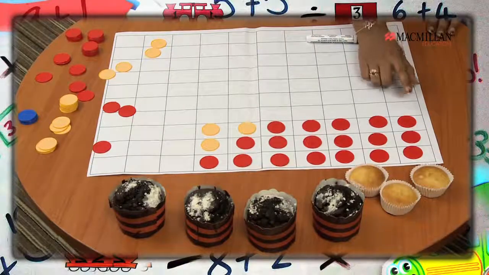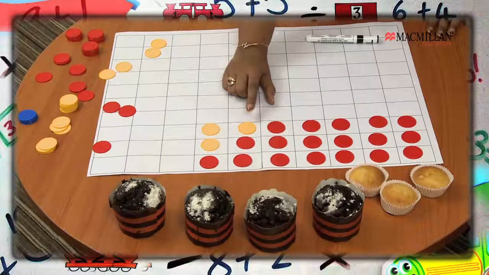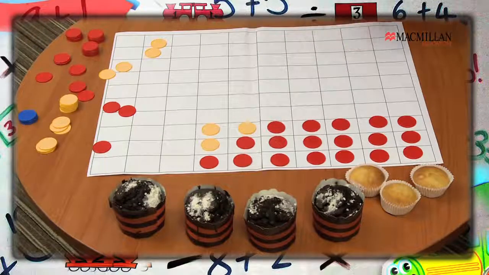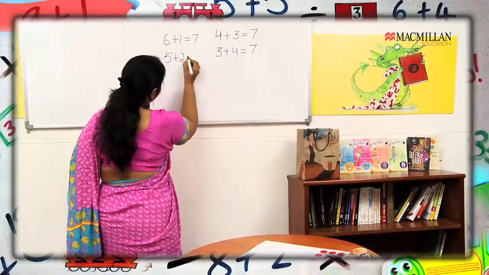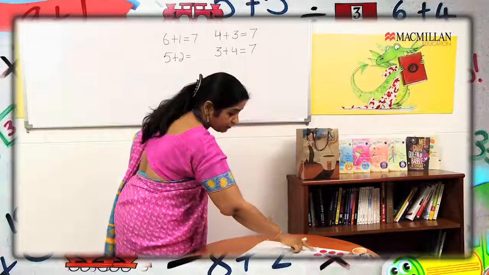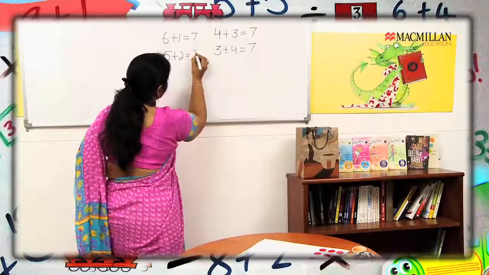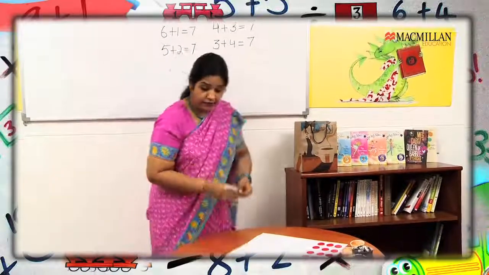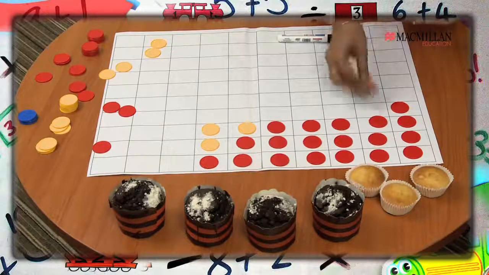So what do I get? 1, 2, 3, 4, 5 and 1, 2. So 5 plus 2, and what is it equal to? Let us count fast. 1, 2, 3, 4, 5, 6, 7. It is again equal to 7. Isn't it interesting?